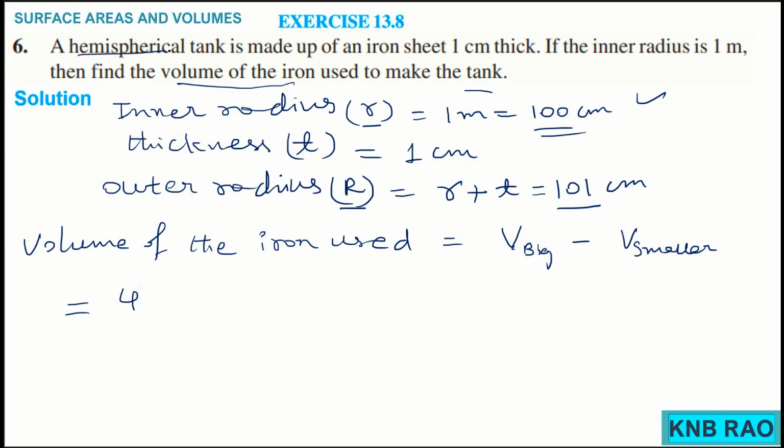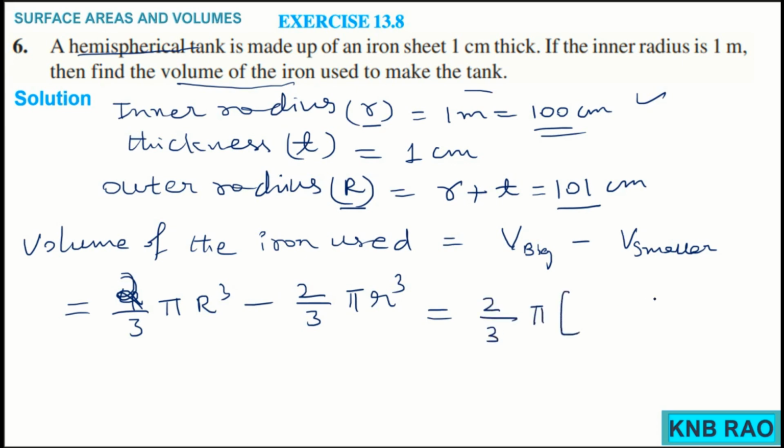Here it is a hemispherical bowl, that means 2 by 3 pi capital R cube minus 2 by 3 pi small r cube. So 2 by 3 pi is common, giving 2 by 3 pi times capital R cube minus small r cube.